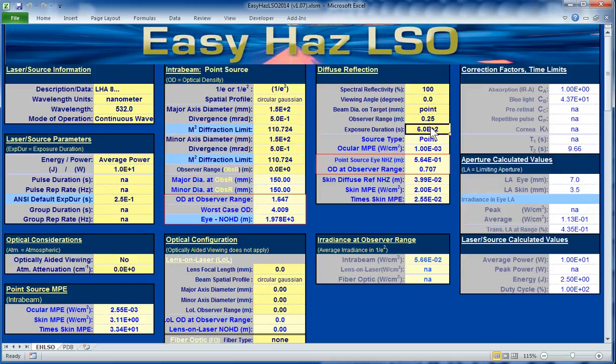Let's change this exposure duration to 1/4 of a second, and you'll notice that this is the NOHD that you're seeing in your book. So it's a time difference thing. For diffuse reflections, we like to default to 600 seconds, which will give us a slightly larger NHZ for the diffuse reflection than what you're seeing in the book.